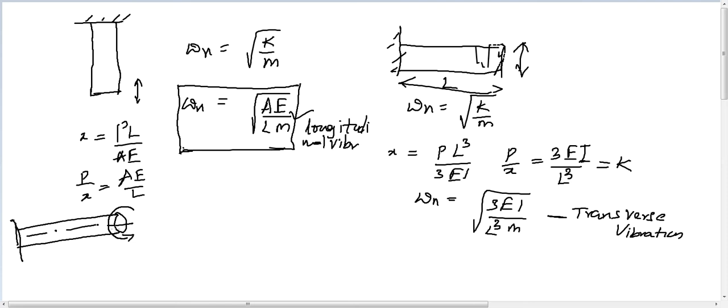To find the frequency of that vibration, here also we use the same formula, omega n is equal to square root of k by m, but here k is the torsional stiffness.